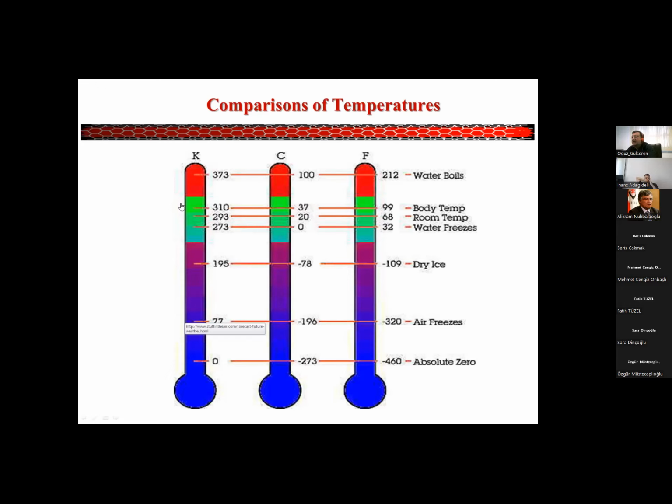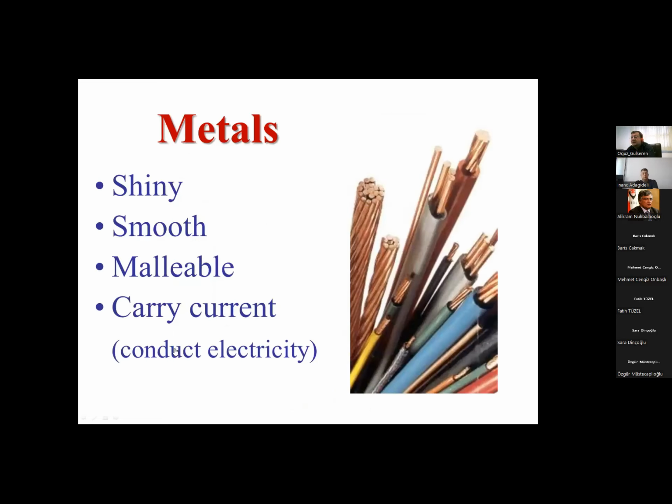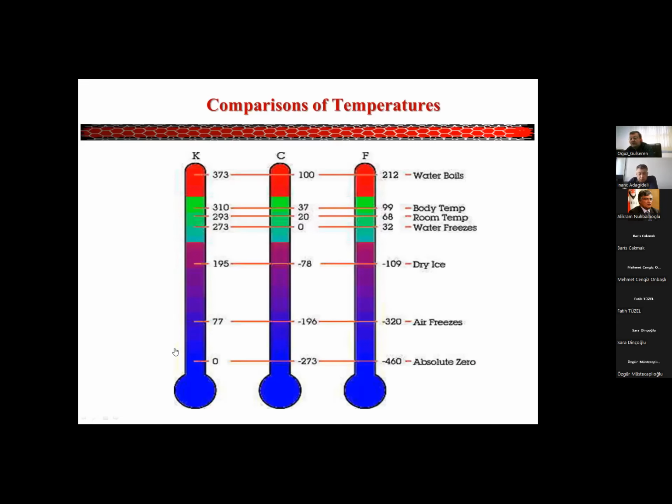Then room temperature is around 300 Kelvin, and so on. So in the ambient environment, we live here, but most of, at least the prototype physics experiments are performed at these low temperatures. So why do I start with this?